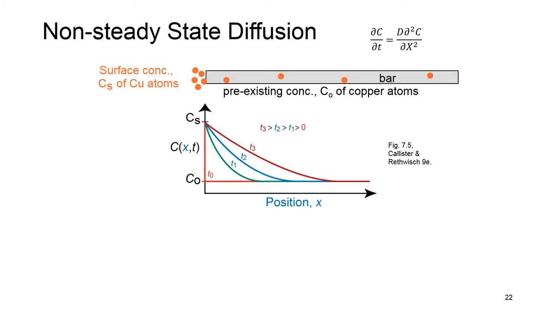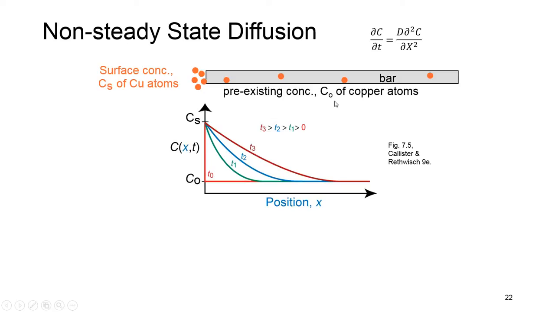The surface concentration, which is shown by Cs of Cu atoms, is shown here in this graph, and you see there is a pre-existing value of concentration, which we know as C0.